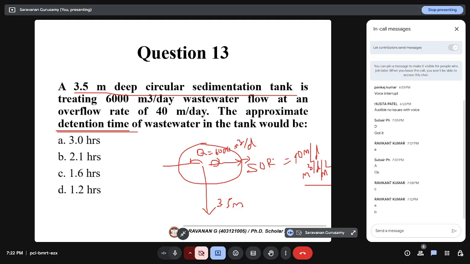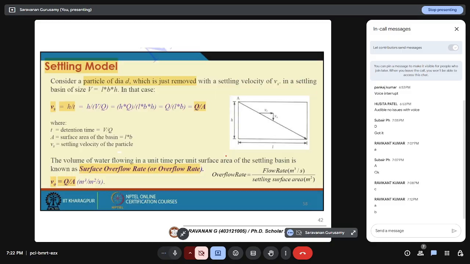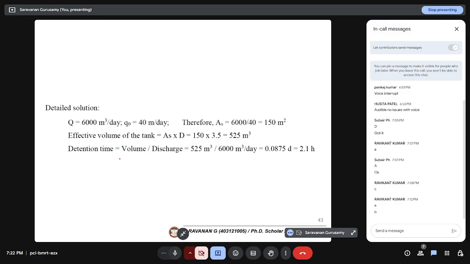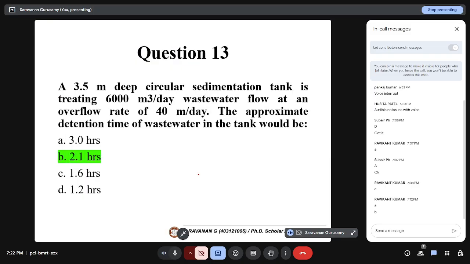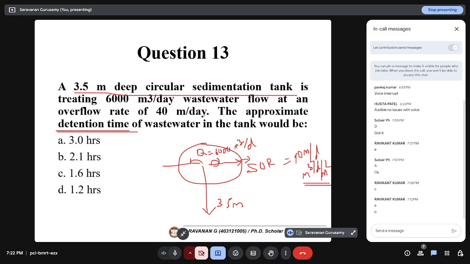You will get the meter square, and find the area, length, and detention time. Okay, fine. See, first calculate the volume of the tank. Then you know the discharge. You have the meter cube per day per meter square, and meter cube per day. You can find the volume. What is T in seconds?